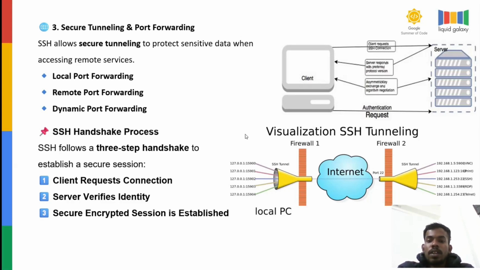The server verifies its identity using a cryptographic key, and then the client may also authenticate itself. Once verified, both sides agree on an encryption method and establish a secure, encrypted session for safe communication.